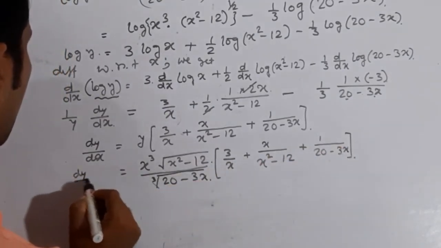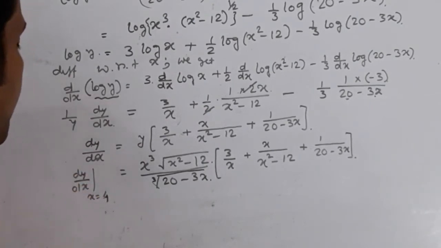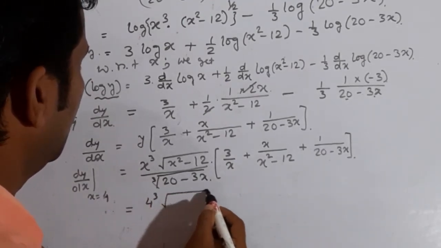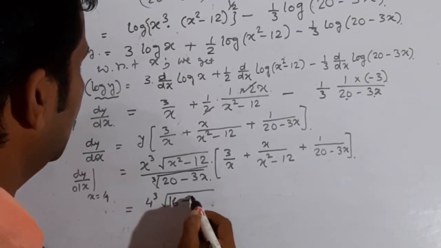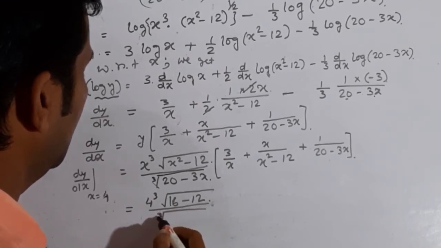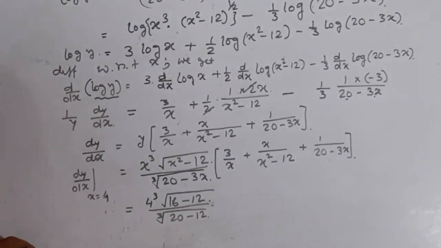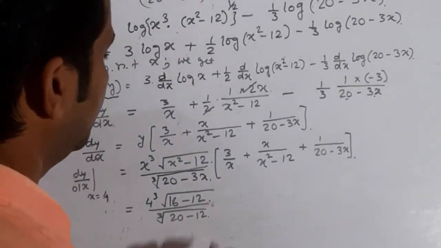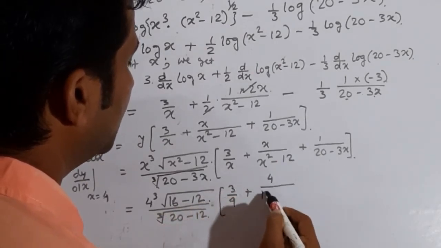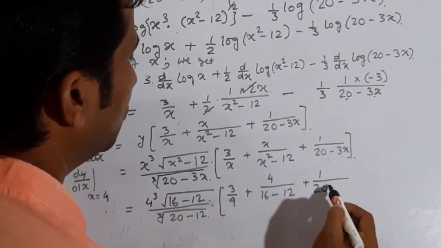Putting x is equal to 4, this is equal to 4 cube into root over 16 minus 12 by cube root of 20 minus 12, taking 4 in place of x, into 3 by 4 plus 4 by 16 minus 12 plus 1 by 20 minus 12.